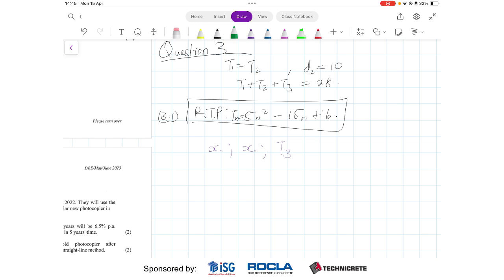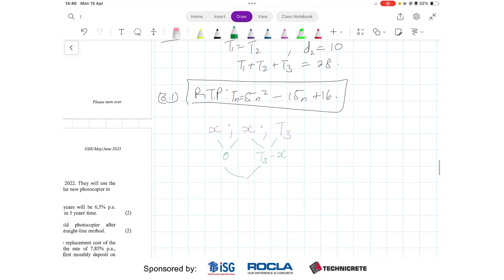And we are also told that the second difference is 10, but we can make the intermediary step to find the first difference. x minus x is 0, and then t3 minus x, right? And the second difference is equal to 10.